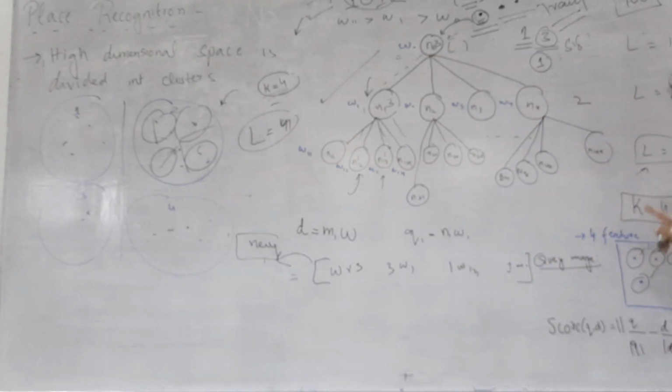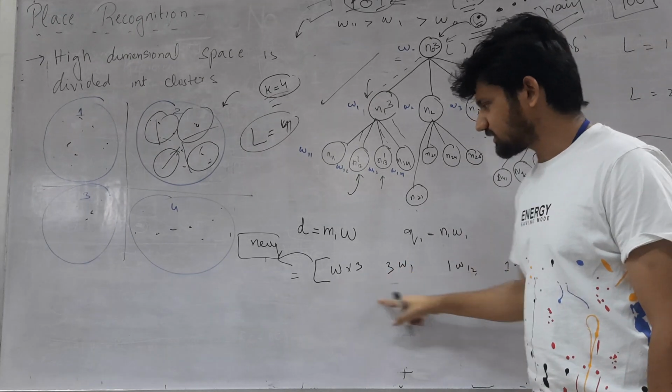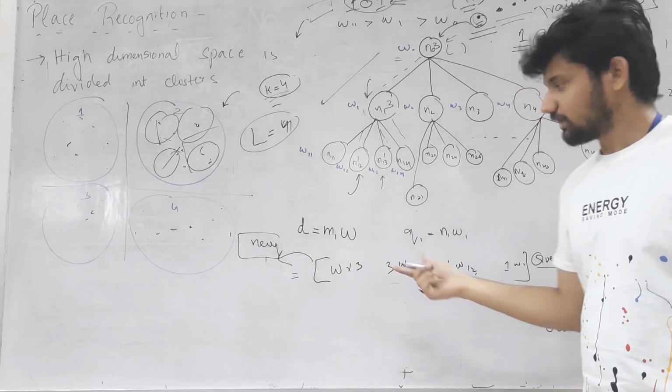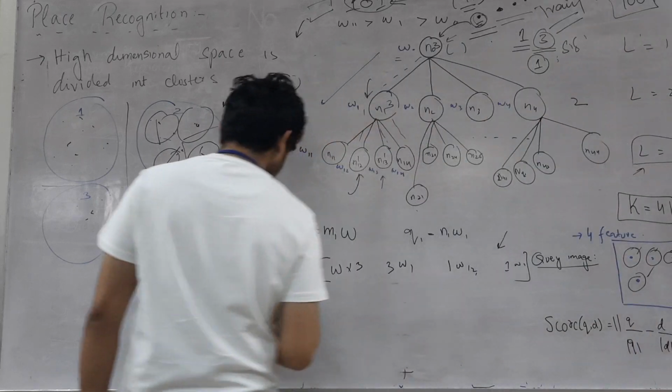By comparing the path of the new image with the paths of already existing images, you will find the most similar image. The way you made this vector, you will make a vector for your query image as well.